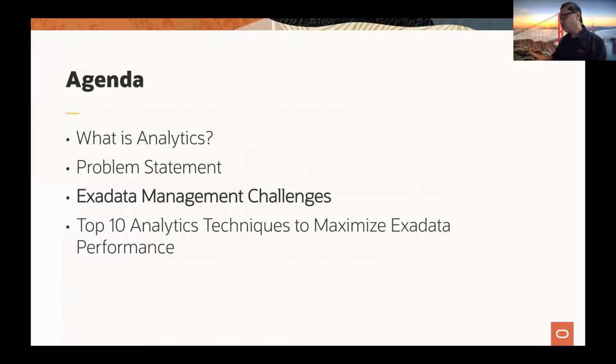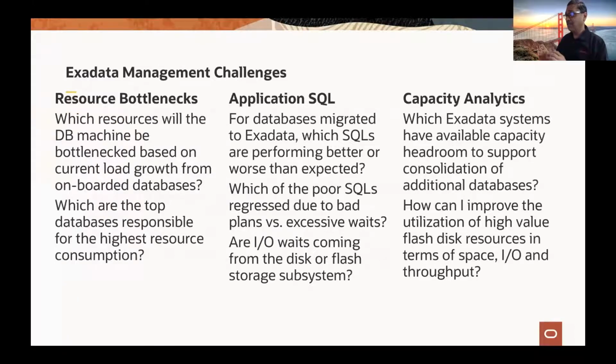And in relation to Exadata management challenges, very specifically as an Exadata administrator, IT administrator, Exadata manager, or capacity planner, you would want to know what are your resource bottlenecks. Do you have enough capacity?